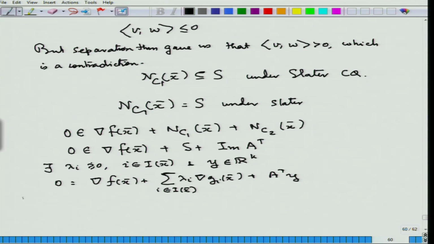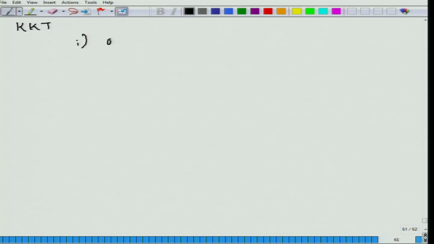Or we can choose, if we set lambda_i equal to 0 for i not an element of I(x bar), then the optimality condition is the following: the Karush-Kuhn-Tucker conditions, the necessary and sufficient condition, is this.